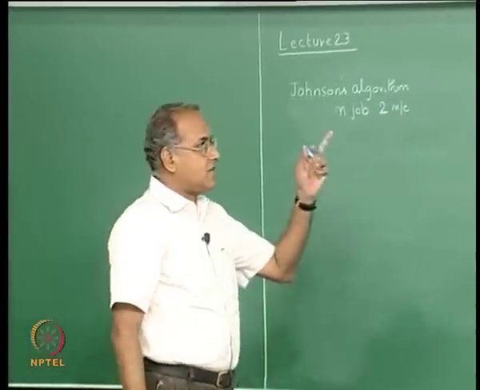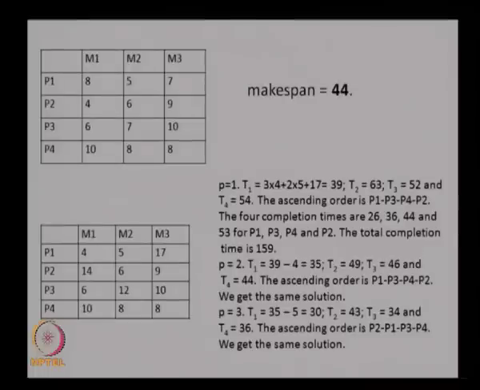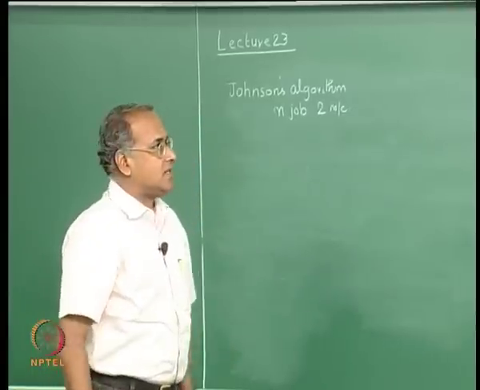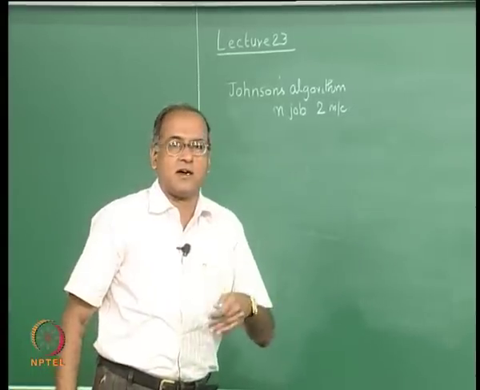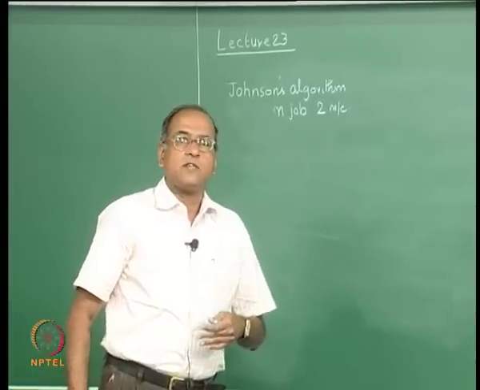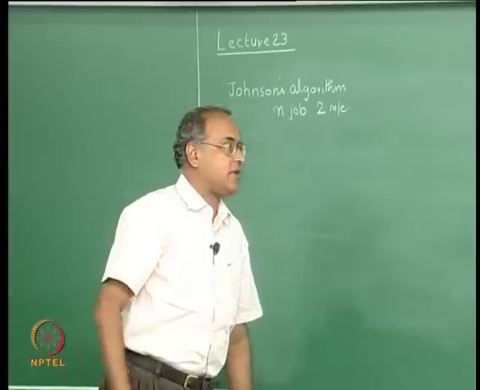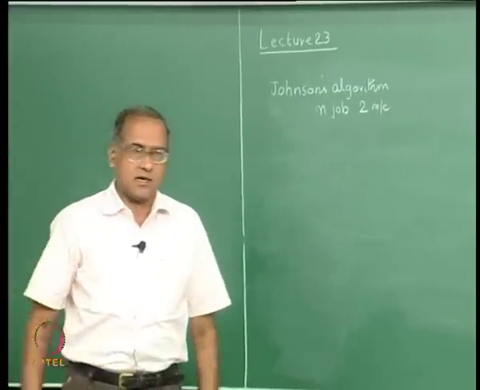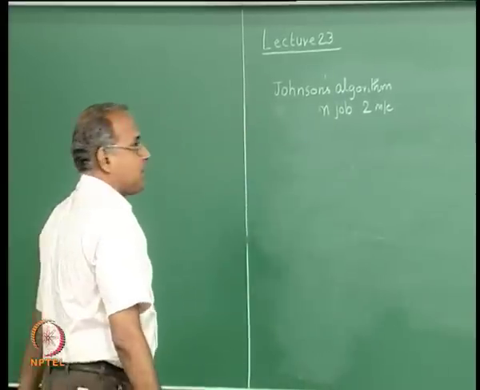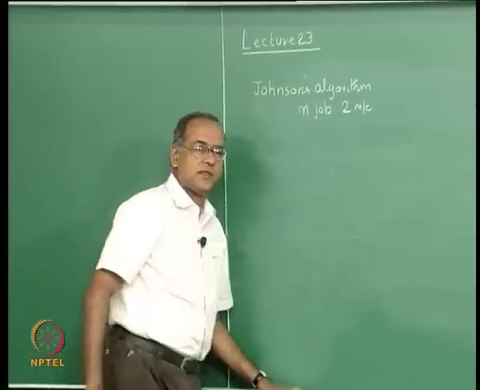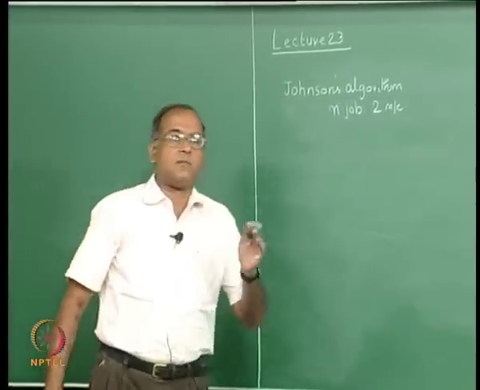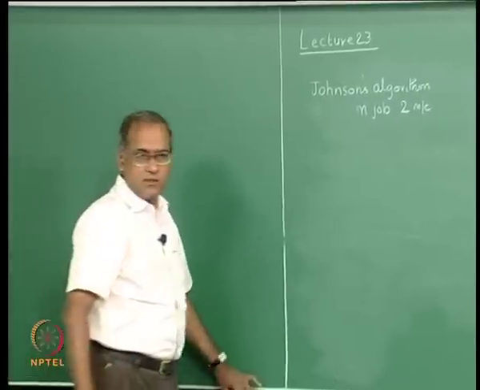Now, what we have is a 4 job 3 machine or 4 job 3 cell problem. So, if we had a 2 cell problem, then you can use Johnson's algorithm to do that. If we have a 3 cell problem, we need to modify Johnson's algorithm. So, first let us explain Johnson's algorithm and then look at the modification.